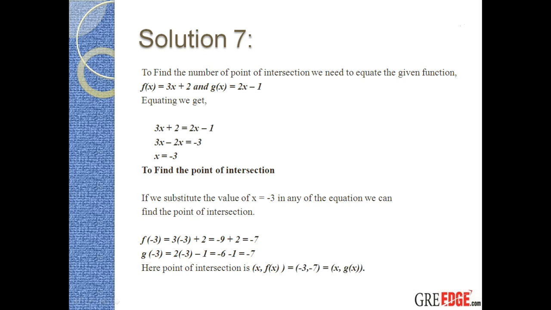That you can see from the slope of the lines. Here f of x is 3x plus 2, g of x is 2x minus 1. So the slopes of the lines are different. So they are two different lines. They are not parallel lines.